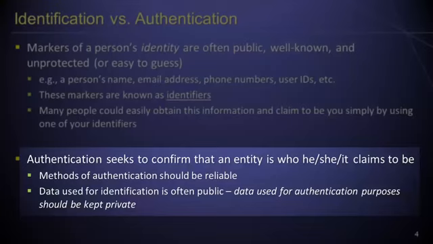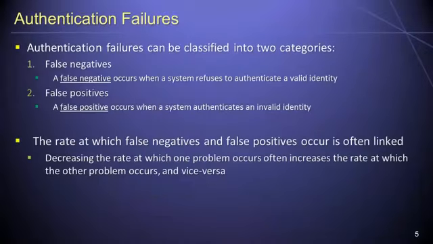Whatever methods that we adopt for this authentication purpose should be able to provide reliable recognition of which users are legitimate and which users are illegitimate. And whereas data that is used for identification purposes is often publicly available, data used for authentication purposes should always be kept private.